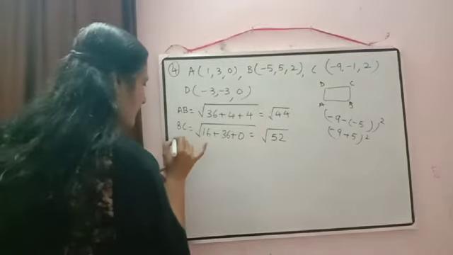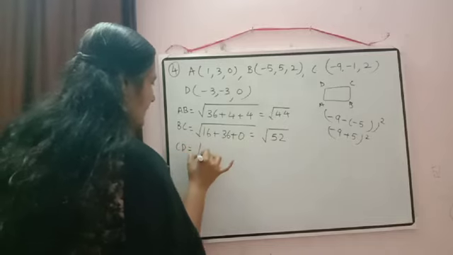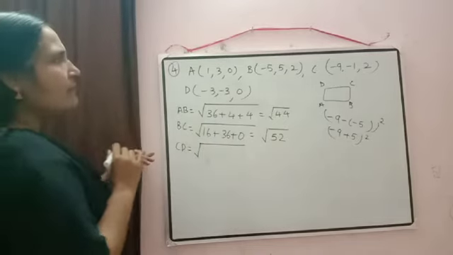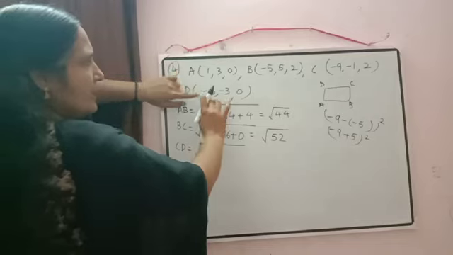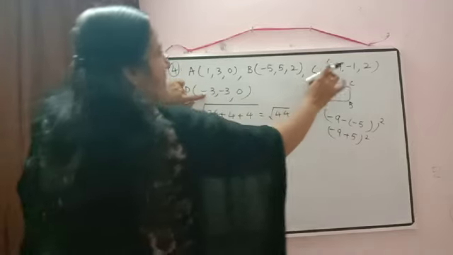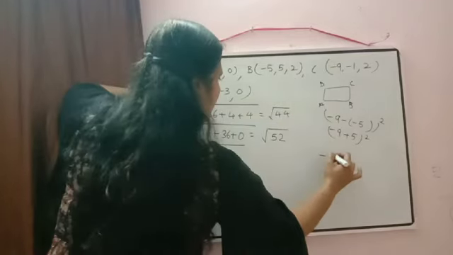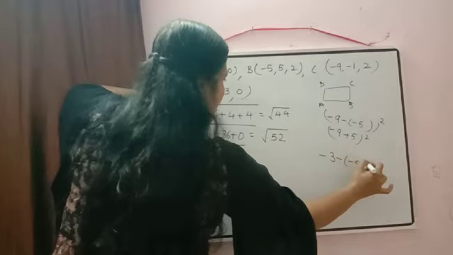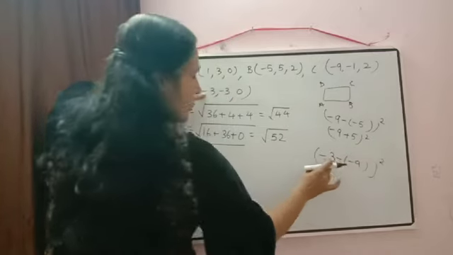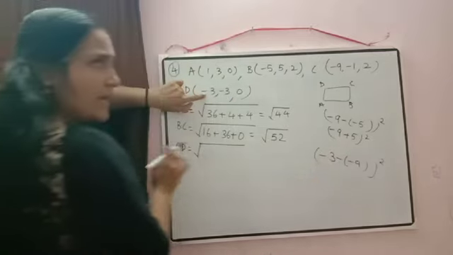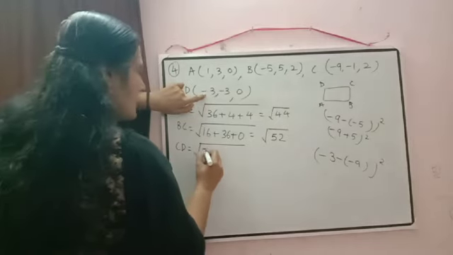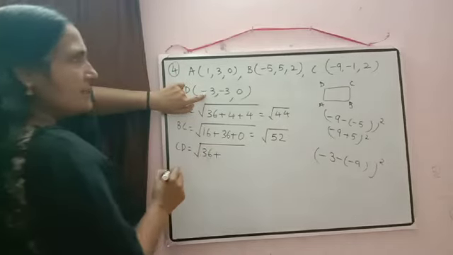Then, next, after AB and BC, the next side is CD. Square root of, where is CD? Here. Minus 3 minus 9, the whole square. So minus 3 plus 9 will be equal to 6. 6 square is 36.